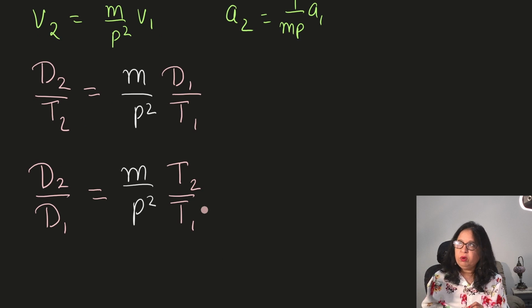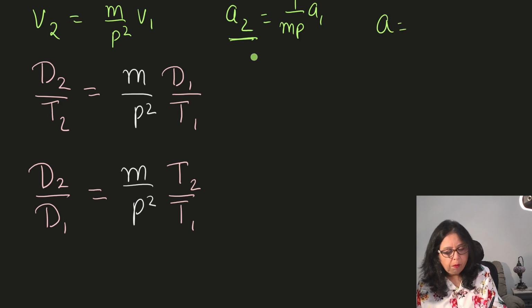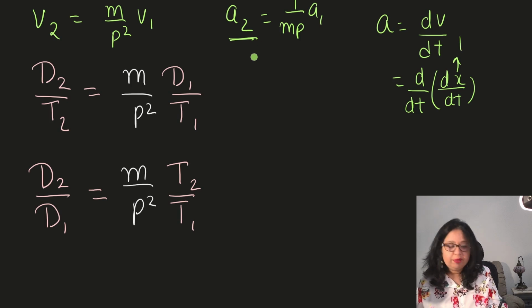Now let's look at the equation for acceleration. A2, acceleration is dv over dt, right? And turns out that v is dx over dt, where here x is the displacement.